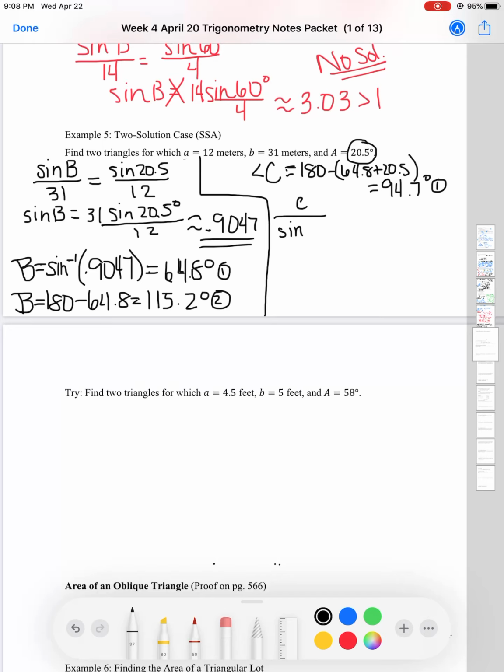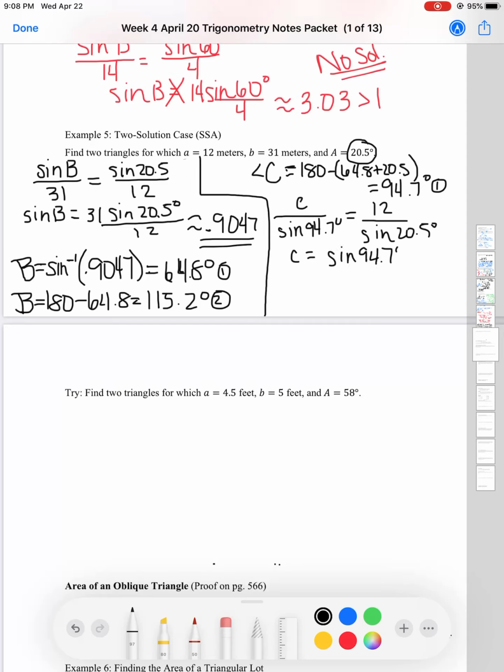So we would have c over sine of 94.7 degrees equals side a, which is 12, over sine of 20.5 degrees.